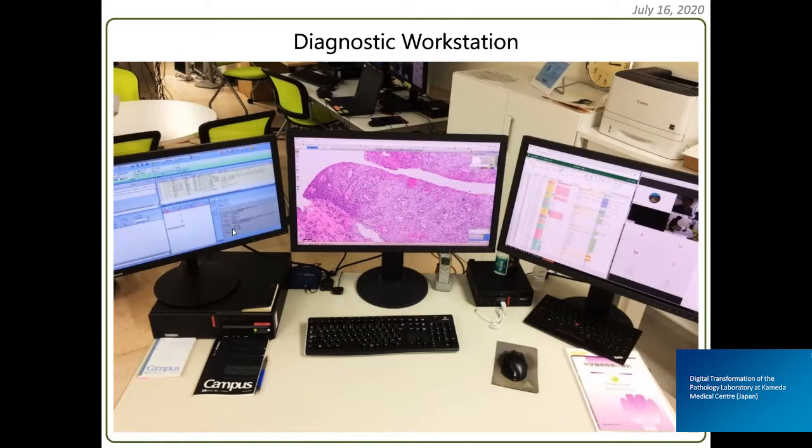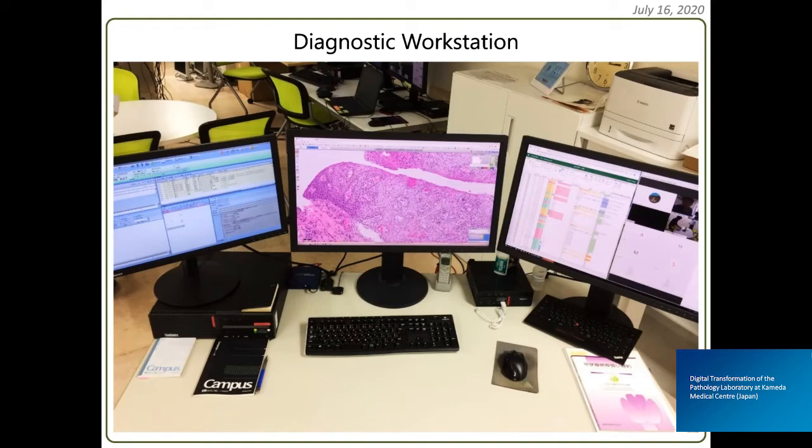On the central screen, you can see the image viewer itself. On the left is the LIS with patient records. I can also access the EMR. And on the right is a case management system and web communication system, with different windows meaning different doctors from different locations joining this session, and I can reach out to them without any difficulties.